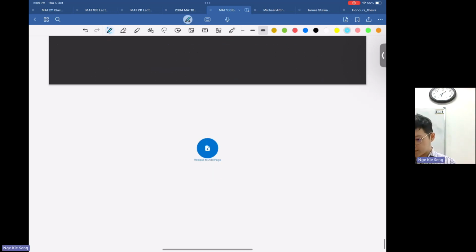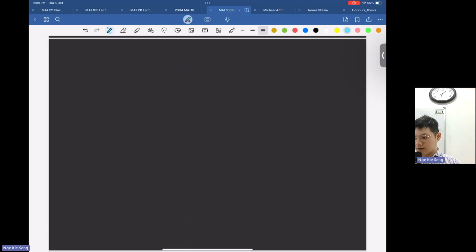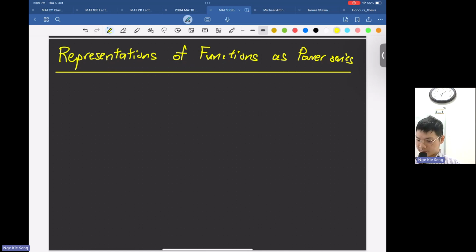Okay. So let's go back to the business of the infinite thing equal to a finite thing. This is what we call the representation as a power series. Just now we observed a phenomenon.